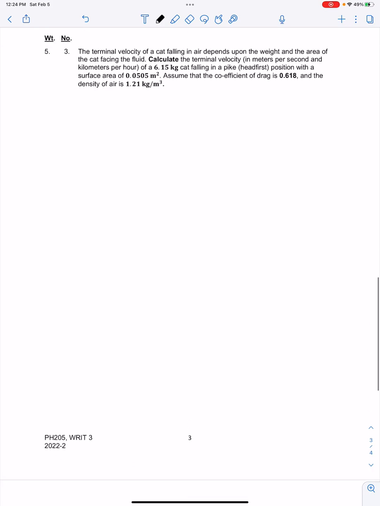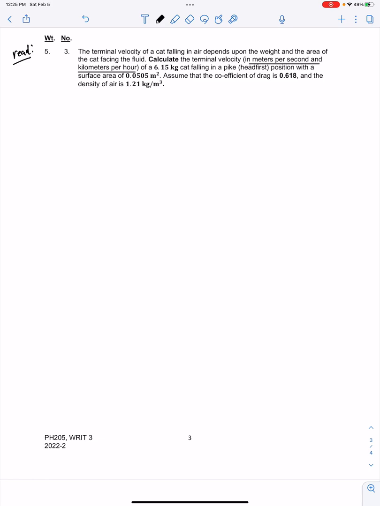And let's look at problem 3. I'll try and do a little better job on the read step this time and make sure we're good. All right, so the terminal velocity of a cat falling in air depends upon the weight and the area of the cat facing the fluid, which is just the air. Calculate the terminal velocity in meters per second and kilometers per hour. Ooh, let's underline that so we don't forget. And kilometers per hour.